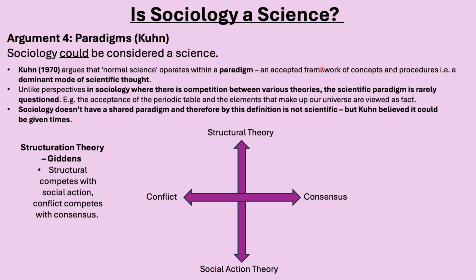In sociology, conflict and consensus compete with each other and they never agree. And that was the same as structural theory and social action theory. However, he argues that actually structural theory and social action theory are starting to come together a bit. So therefore, with time, sociology could have a shared paradigm.